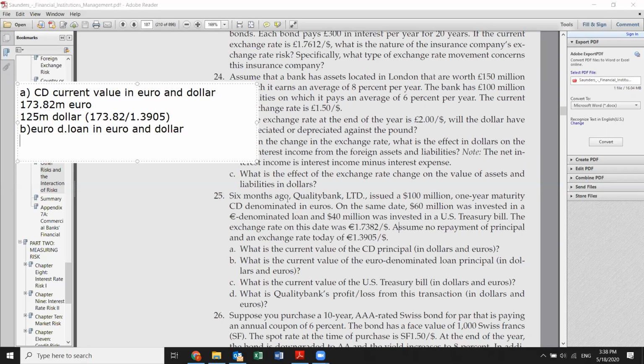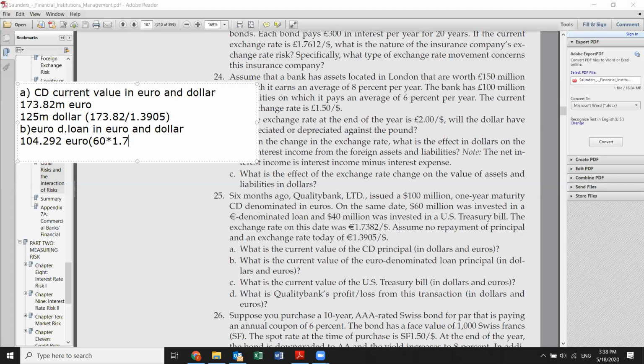So we get 104.292 million of euro. How did I get it? If you have a question, please do not hesitate to ask.